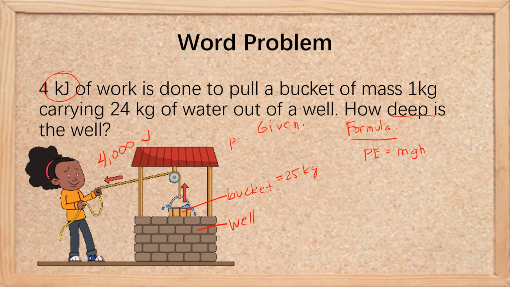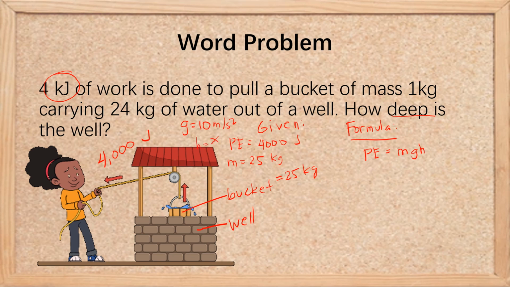So for PE, that will be 4,000. The mass is 25. And then the value of your gravity is 10 meters per second squared. And for the height, we don't know yet.